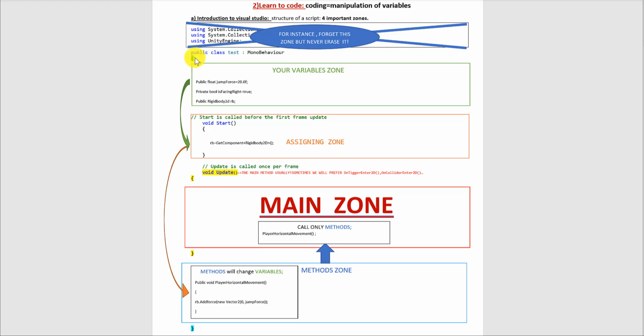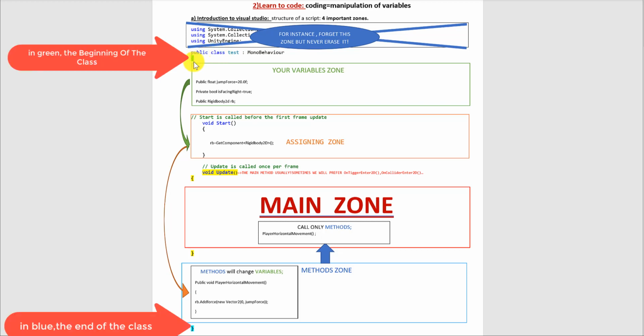So you will have to create your variable and manage it inside this class. The code that you must put must be between this curly bracket and this last one. Okay, so the code must be inside here.